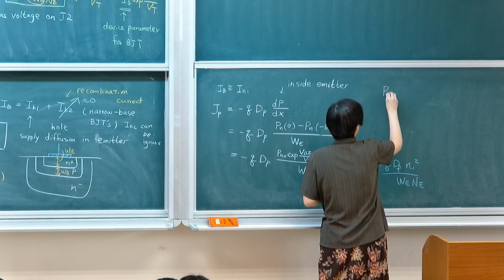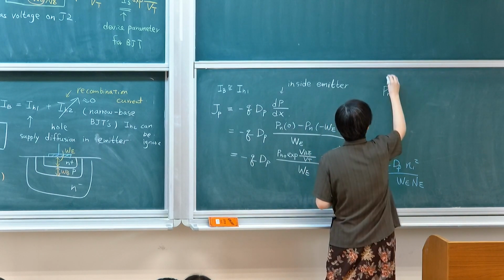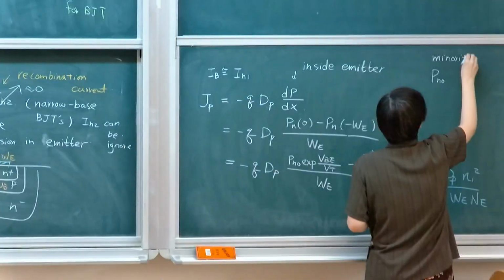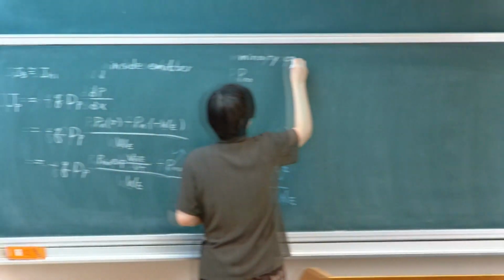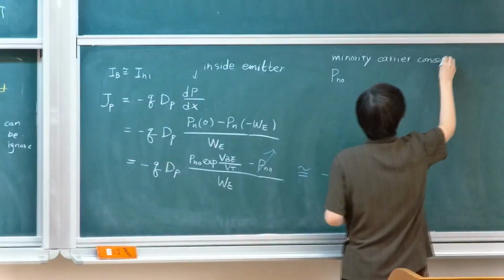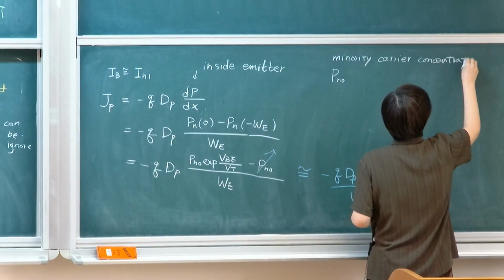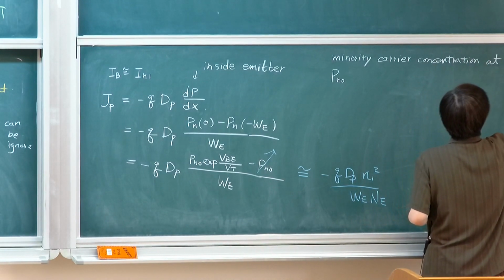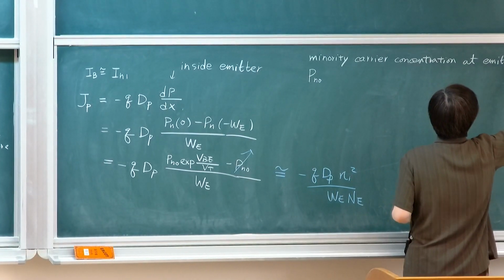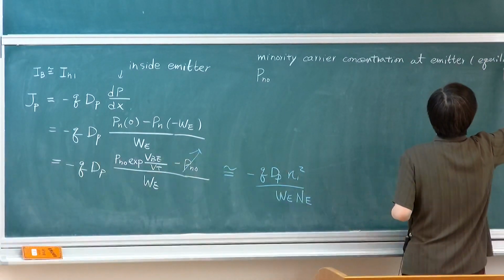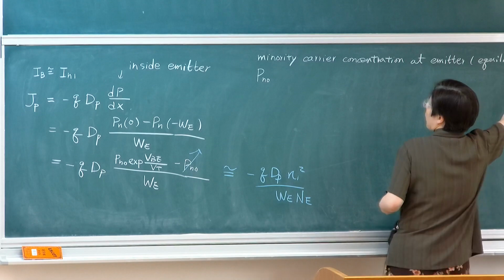So we know that Pn0 is the minority carrier concentration at the emitter during equilibrium, at equilibrium. Right?